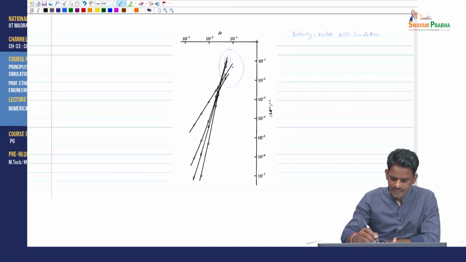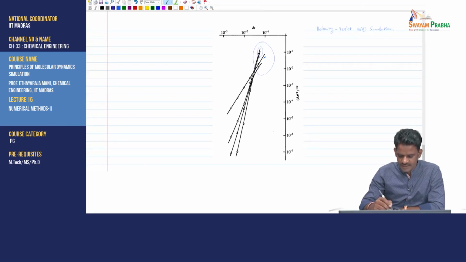The reason that at higher delta t these higher order terms are not really performing well is because, if you recollect, the Gear predictor corrector method works on expanding the position and velocity using a Taylor series expansion in time.